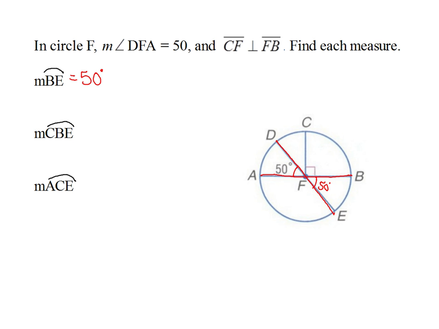Now if we want to find the measure of arc CBE, we're looking at this whole arc, so I need to look at this whole angle. Because I know the measure of those two angles, I can add them together, and 90 plus 50 gives me 140 degrees for those two angles together. So the measure of arc CBE is 140 degrees.